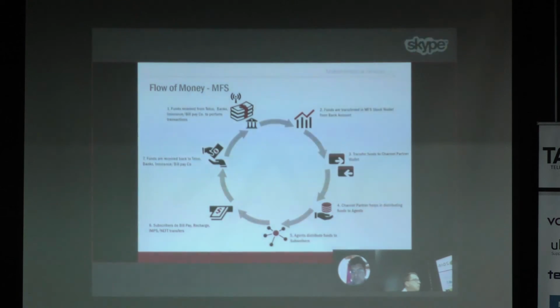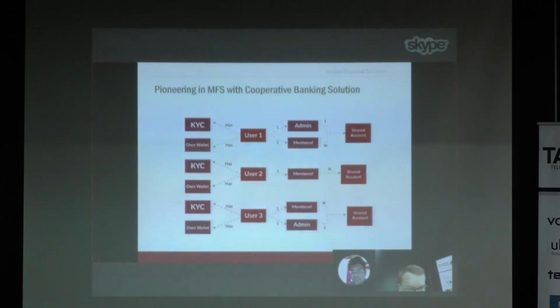The agents can then transfer the money to the subscribers, who pay bills, insurance bills, utility bills, do bank transactions and operator transactions, and hence the money comes back to the bill companies, the operators, and the banks. So here is the flow of the entire e-money in the system, from bill company to stock wallet to channel partner to agent to subscriber and back to the banks.